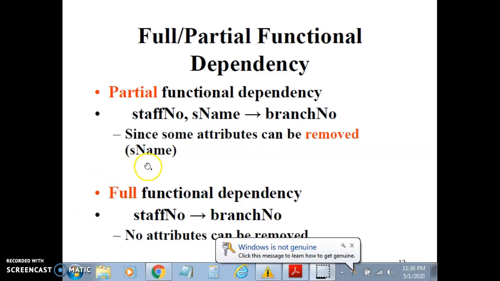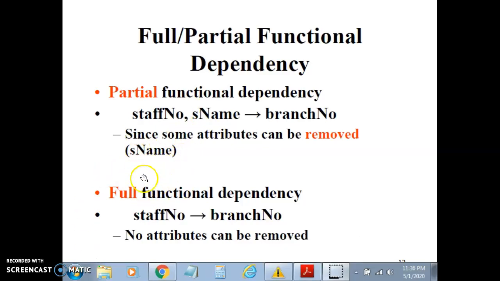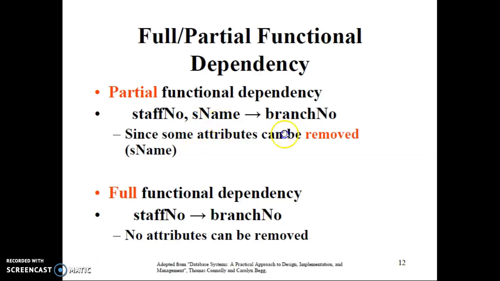Consider the following functional dependency that exists in the staff relation: staff number, S name determines branch number. Staff number, S name on the left hand side are called determinants, and branch number is dependent. It is correct to say that each value of staff number, S name is associated with a single value of branch number.